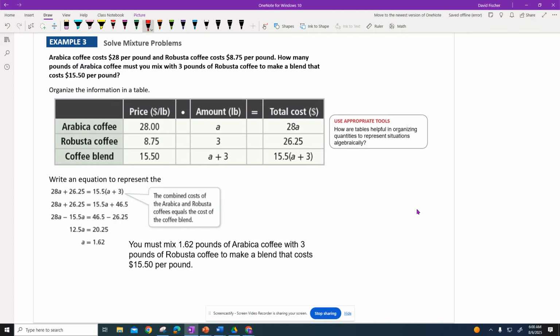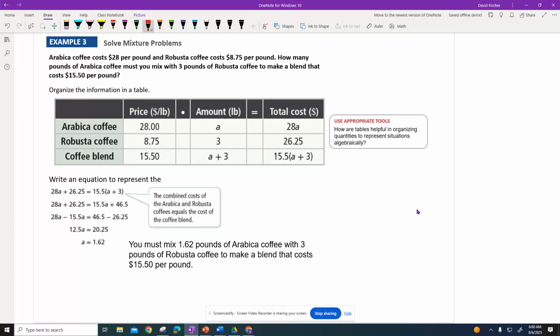Okay, so now I kind of filled in all my charts here. This plus this, the cost of the blend, has to be $15.50. So now I don't know how many Arabic, but I do know how many Robusta coffee, 3 pounds. So when I write this, I know this needs to be the total amount of coffee right here, however much Arabic plus this guy.